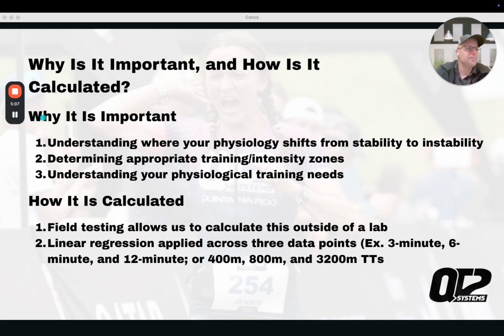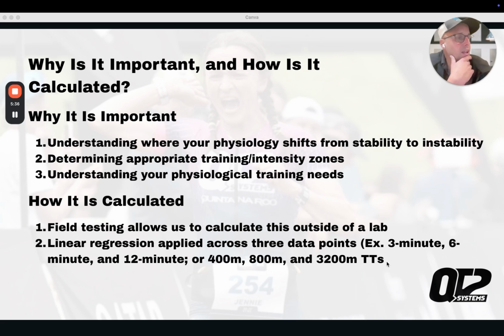So, how are critical power and critical speed calculated? Field testing allows us to do this outside of a lab setting, which is pretty cool and pretty convenient. And through linear regression applied across three data points, for example, a 3 minute, 6 minute, 12-minute test on the bike, or a 400-meter test, 800-meter, and 3,200-meter, 2-mile test on the run.